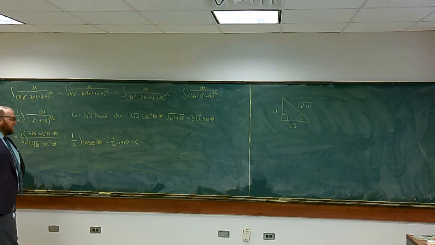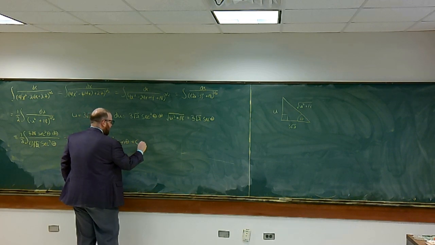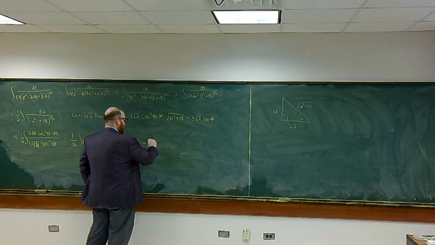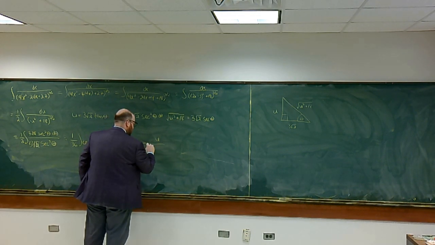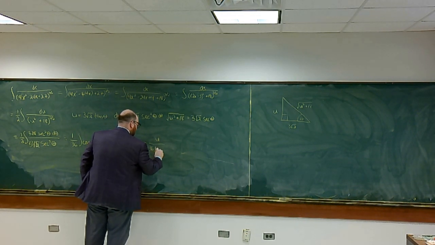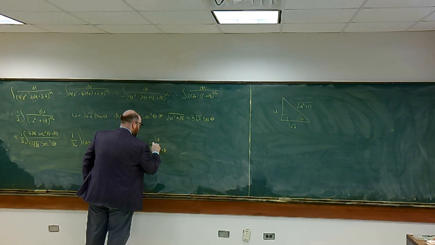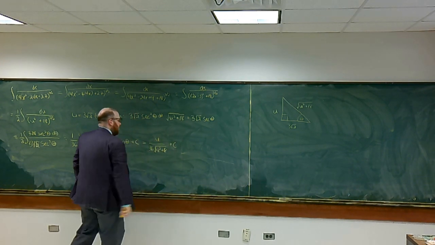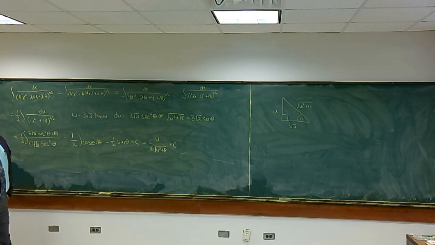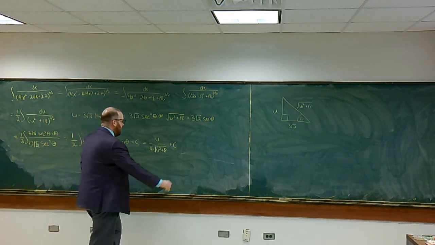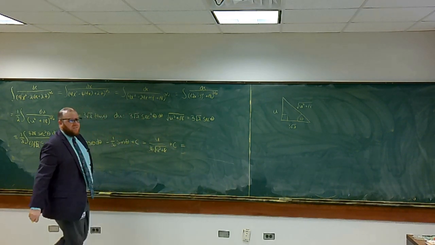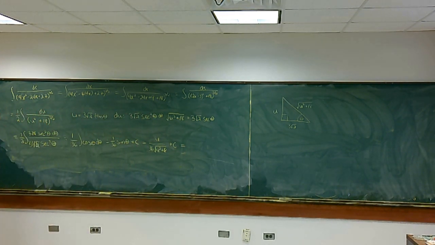Sine is u over the hypotenuse. But now we need u in terms of x. I guess we did 2 substitutions, huh? Yeah, we did change the variable twice. We first changed x into u and then u into theta.